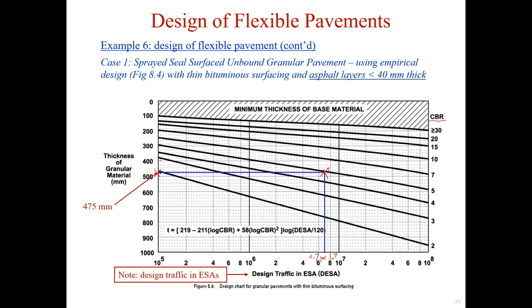So that gives the cover requirement over the subgrade to inhibit it deforming and resulting in surface deformation to an acceptable level. So that controls the amount of deformation in the subgrade by providing that amount of cover. The other way is to input the DESA and CBR into this formula, and we could work out the same value. This design chart is applicable to pavement with design traffic loading of 10 to the power of 5 to 10 to the power of 8 ESAs.